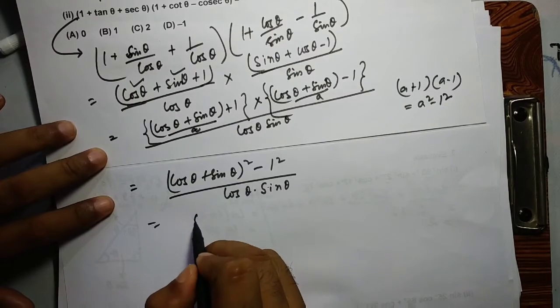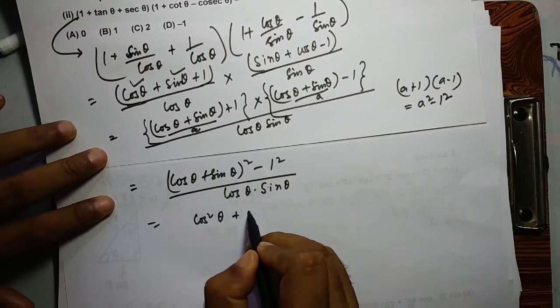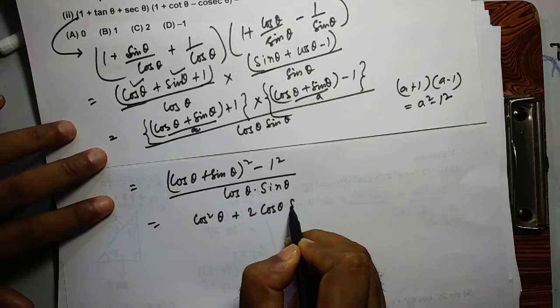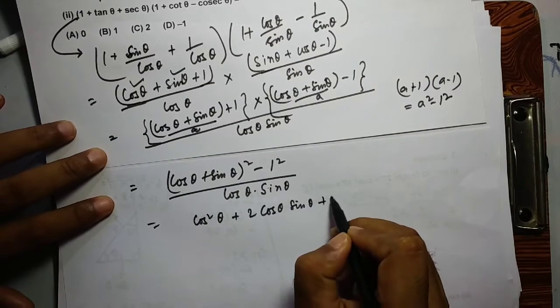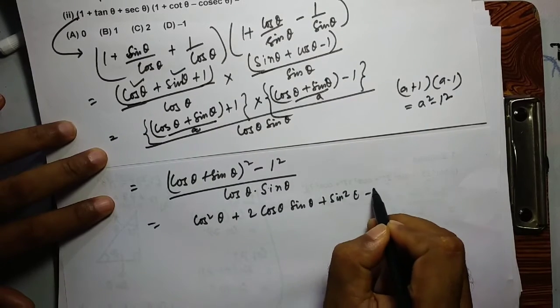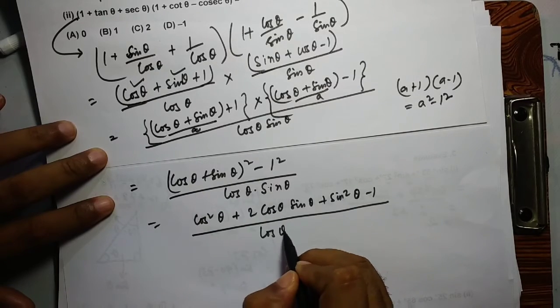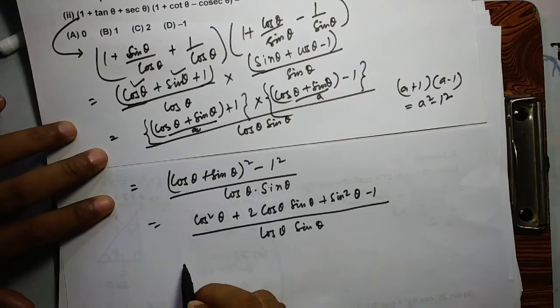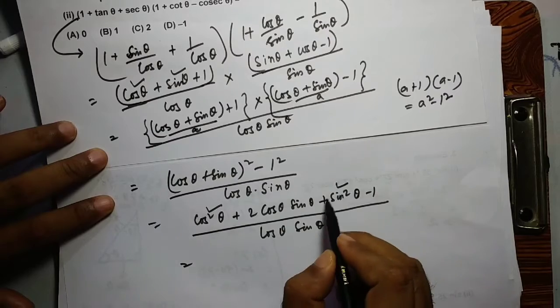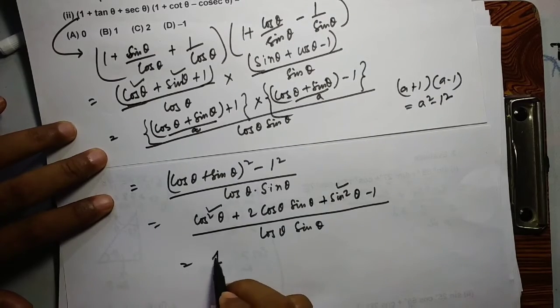So this is cos square theta plus 2 cos theta sin theta plus sin square theta minus 1 square, 1 square is 1, over cos theta sin theta. So cos square theta plus sin square theta is how much? This is 1.